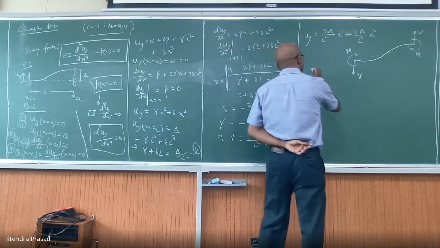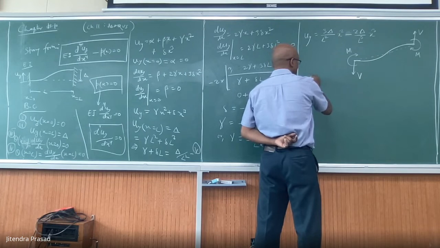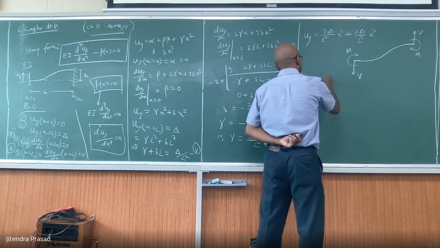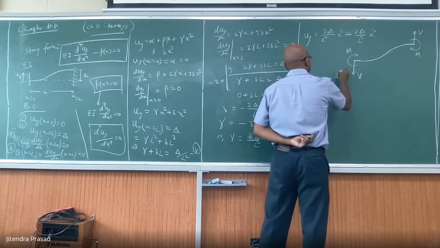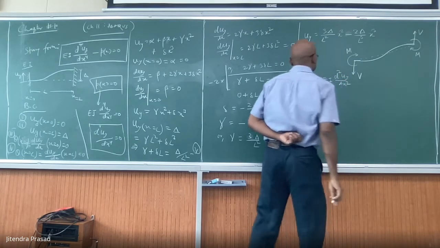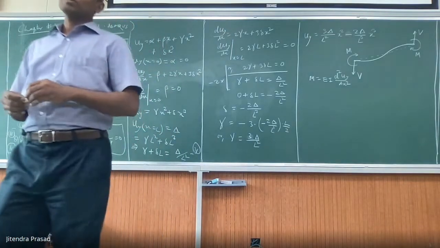Tell me how they are related. Say again. M is equal to EI times d square uy over dx square. So this is the equation, right?